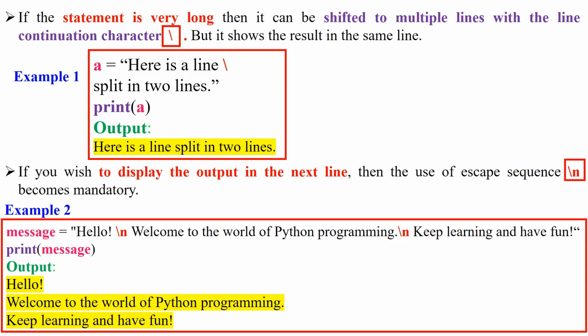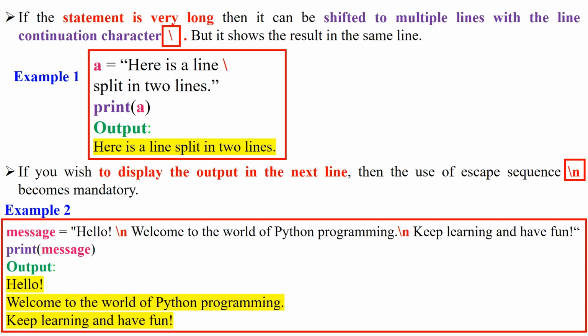This backslash acts as the line continuation character, indicating that the string continues on the next line. The following line, split in two lines, is then considered part of the same string. However, note that when you print the variable a, the backslash and the line break are not displayed. It appears as if the string is written on a single line.